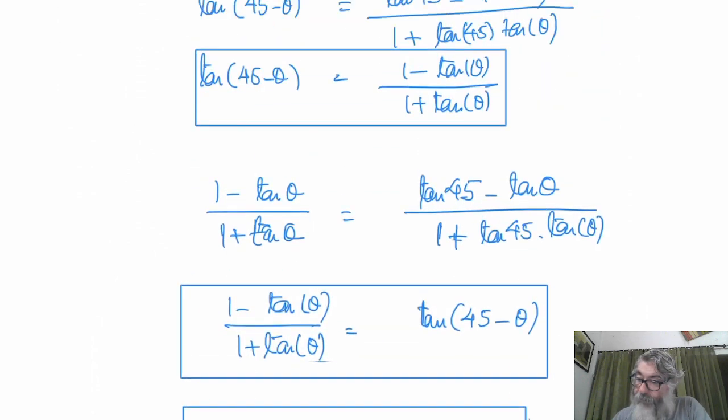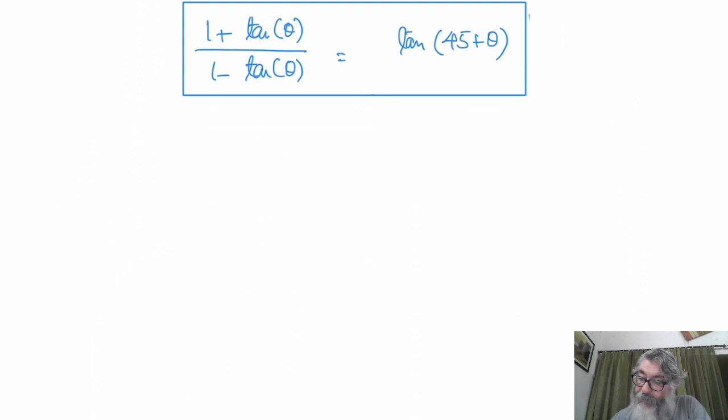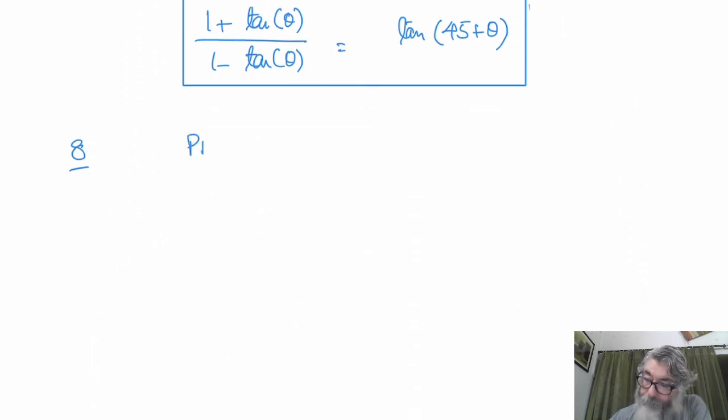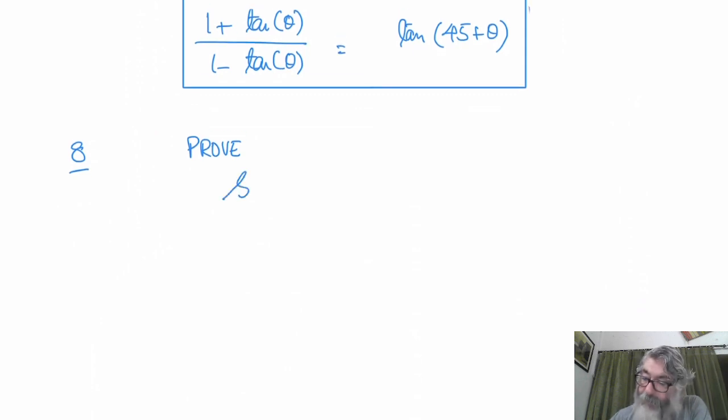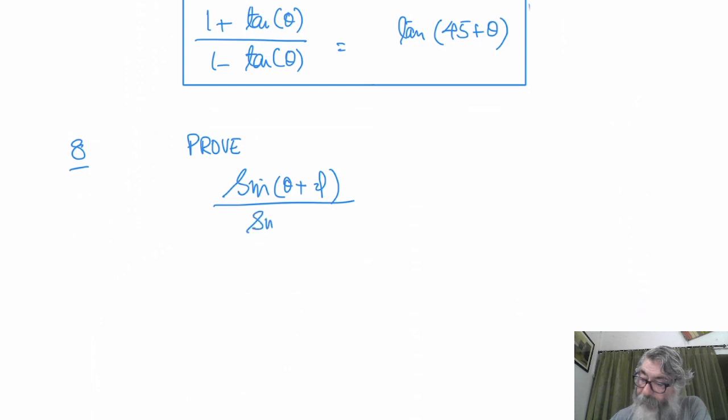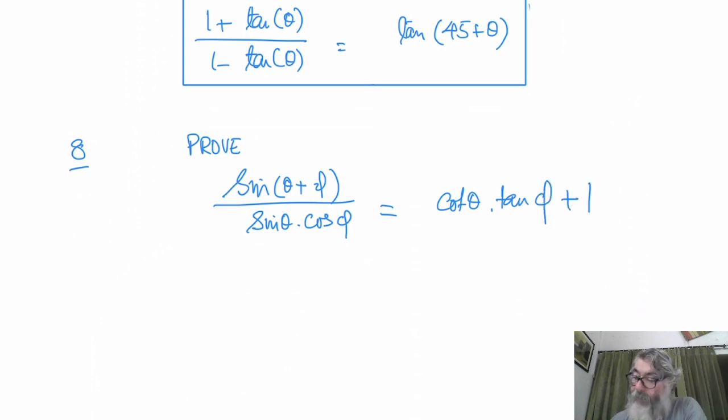Let's do one more question, 8. Question number 8 is prove sine theta plus phi upon sine theta cos phi is equal to cot theta tan phi plus 1. Let's start with the left hand side.